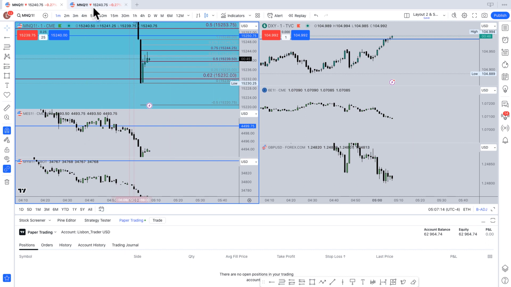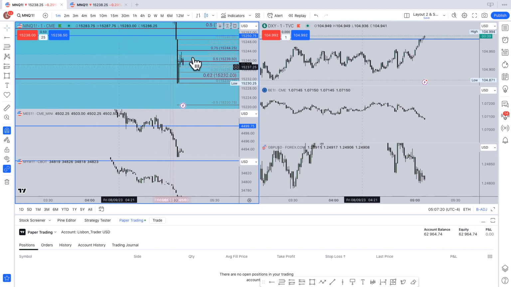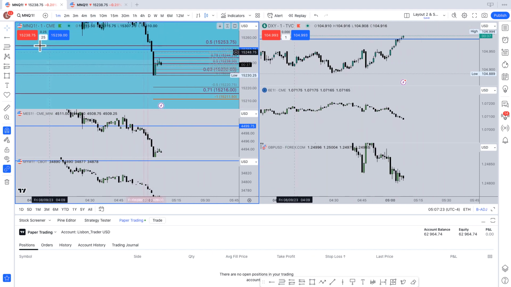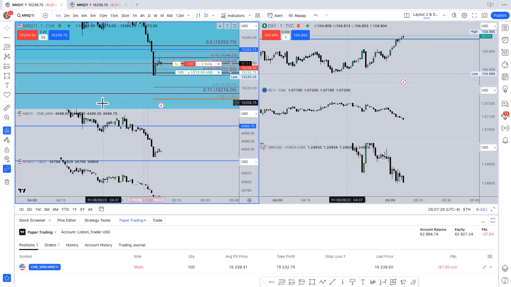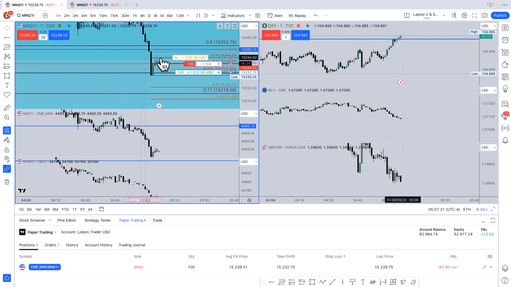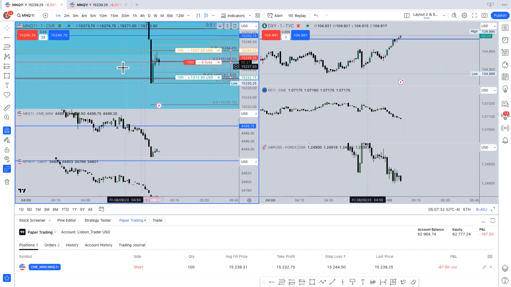So guys, let's finish this exercise. Let's try to drive it lower now for the retest, and then we'll call it a day. Risking 3,000.